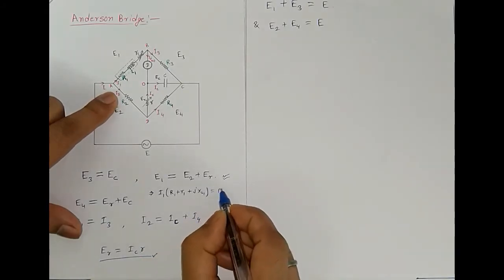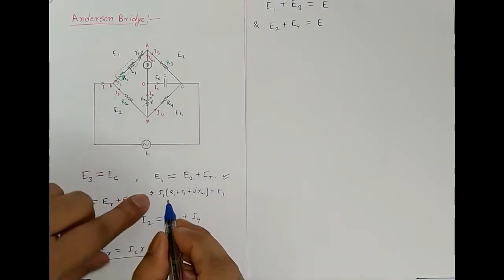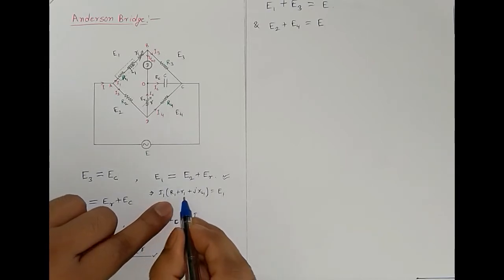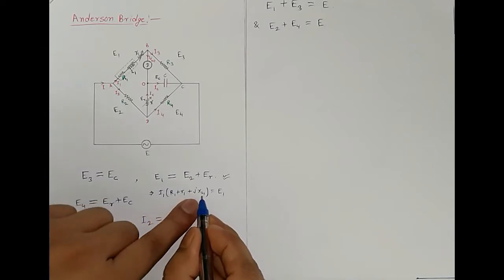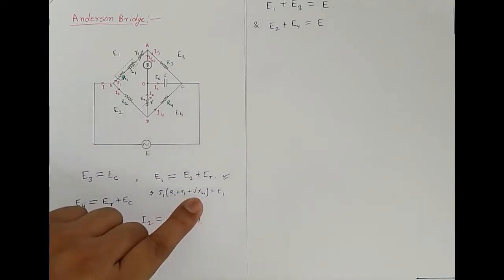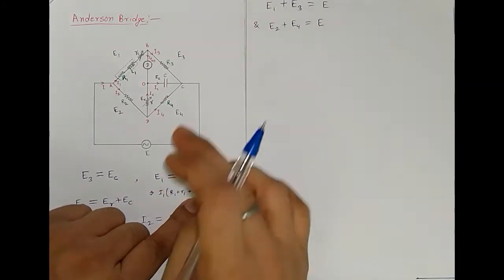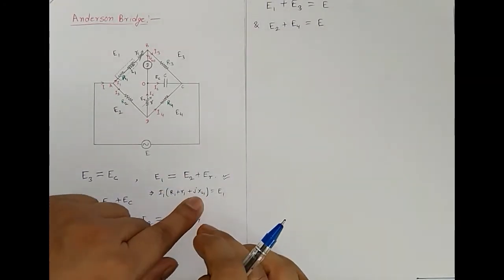This is equal to E1. That means this path is in the same direction as the current, and I1 into XL1, that means EL1, will be in the j direction, that means in the positive Y direction.